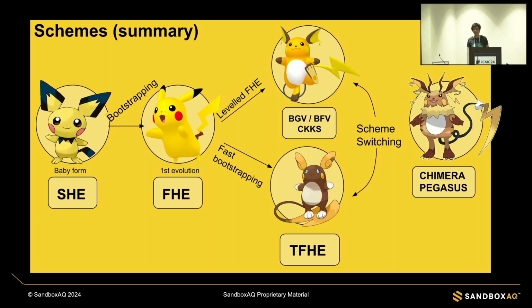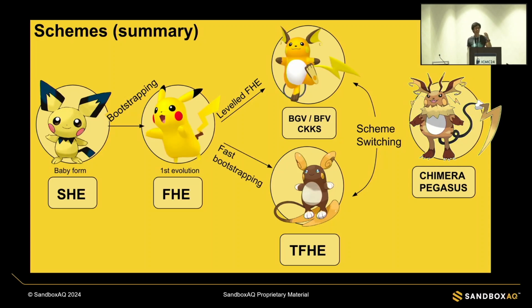One strategy is leveled FHE, and this is the strategy followed by different cryptosystems like BGV, BFV, or CKKS. And the idea is that we decide at the beginning, when defining the parameters of the scheme, the size of the parameters that we are going to choose, which is the maximum multiplicative depth, or how many homomorphic operations we want to perform with our encryption scheme.